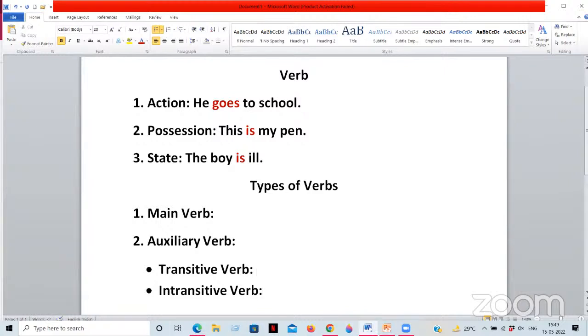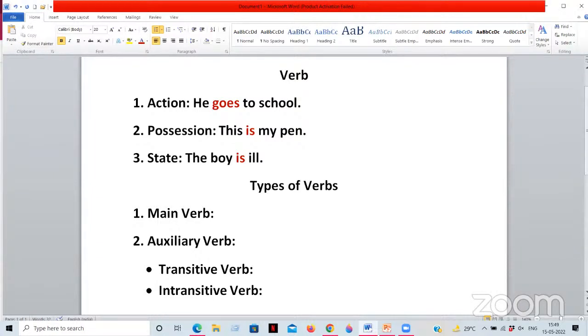So based on object, verbs can be divided into two categories. One is transitive, another one is called intransitive. What is a transitive verb? When a verb takes an object with it, it is called a transitive verb. And when a verb doesn't take an object with it, it is called an intransitive verb.